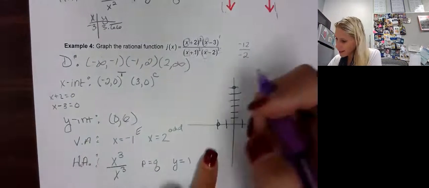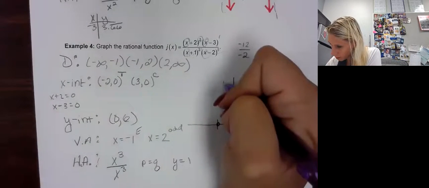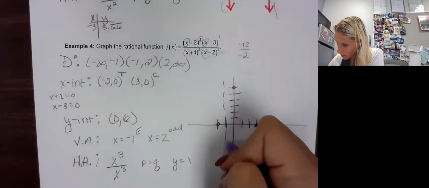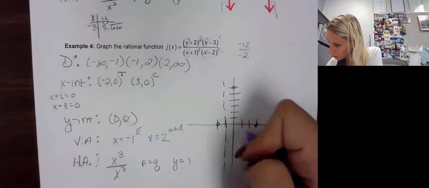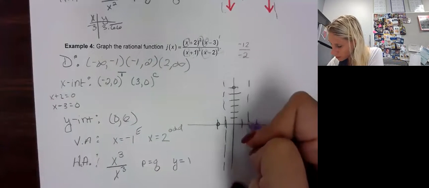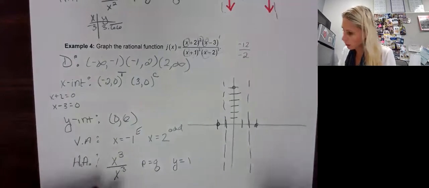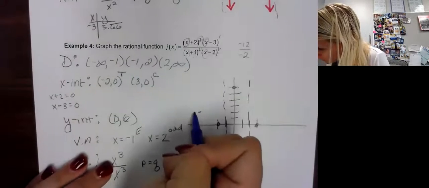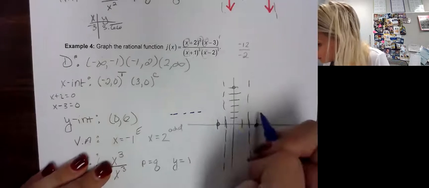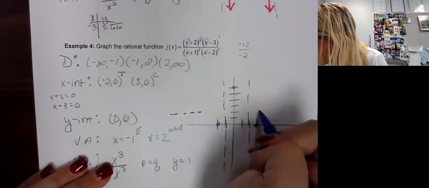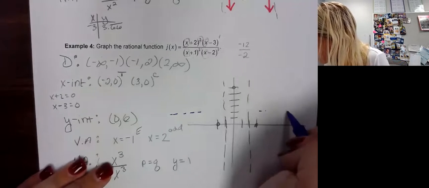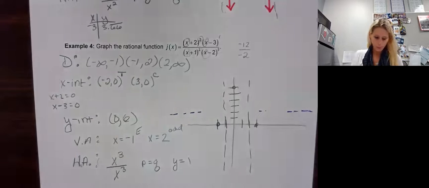We have a vertical asymptote at -1. We have a vertical asymptote at 2. And our horizontal asymptote is at 1. This one's going to be a tricky one, guys. So be careful. Oops, I should do it over here. There we go.